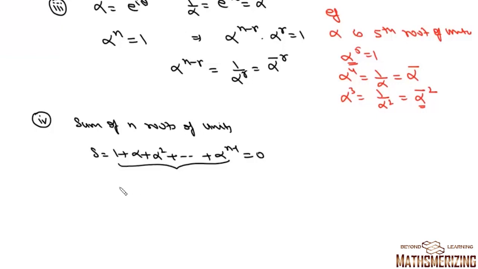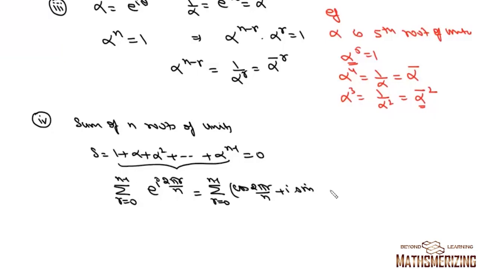We can also write this sum as this summation r varies from 0 to n minus 1 e to the power iota 2 pi r by n, or we express it as this summation r varies from 0 to n minus 1 cos 2 pi r by n plus iota sine 2 pi r by n, and it will be equal to 0. That is, sum of all the n roots of unity is simply 0.